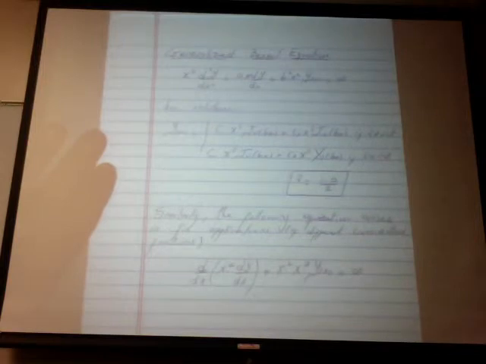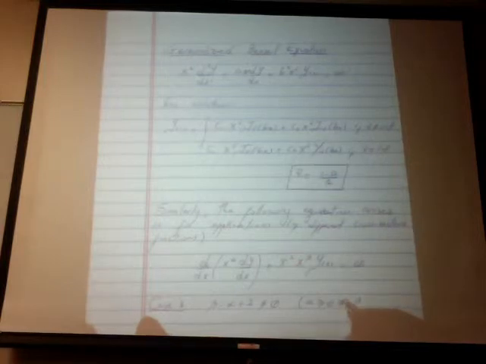Let me show you what the solution looks like. Case 1: that is, in the case that beta minus alpha plus 2 is different than 0, and also alpha is greater or equal than 0 and beta is greater or equal than 0, so alpha and beta are positive numbers.